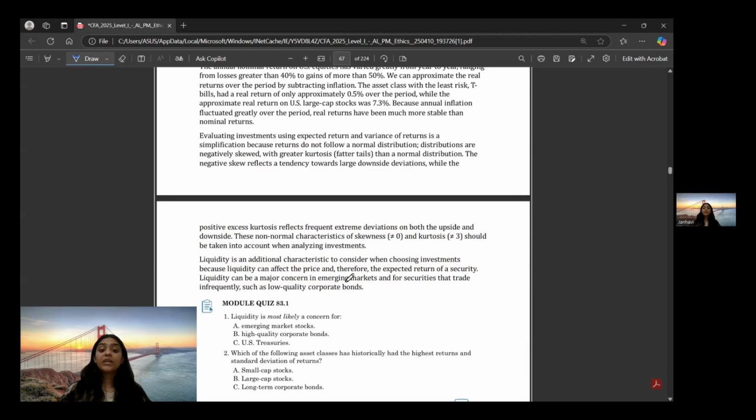And liquidity can be a major concern for emerging markets that are new markets.